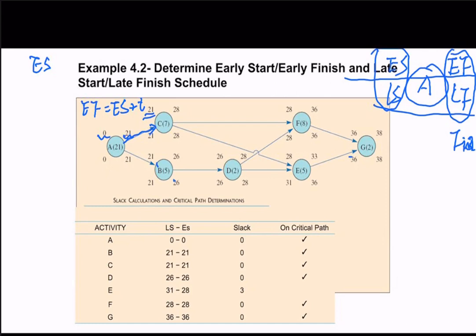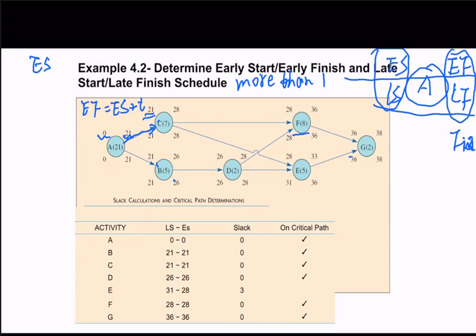And then we move to F. Take a look at the F here. Actually, you can move to D or F, it depends. But if we take a look at F, it has more than one former activity.